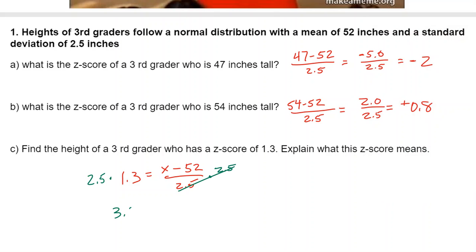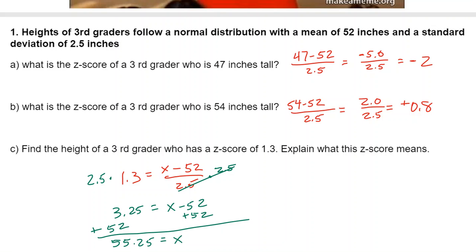And this winds up being 3.25. And by the time I add 52, I have to watch my decimal place here. I get 55.25, which means that he is 47 1/4. But he's also more than 1 standard deviation above the mean.